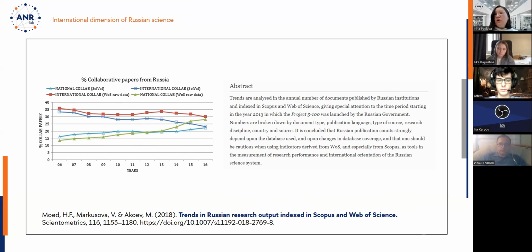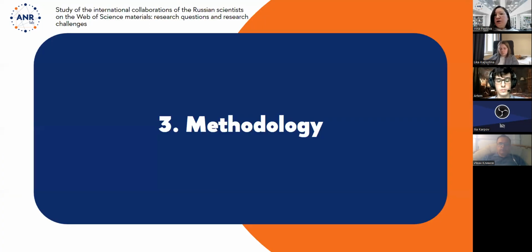So overall, all the studies about Russian science, especially this international dimension, show that there is an increase in the number of publications, but at the same time, the question of the proportion, the share of collaborations of Russian scientists overall and in different disciplines, is under question.